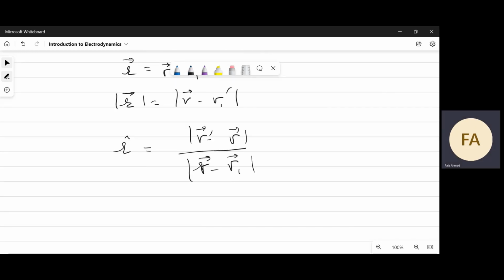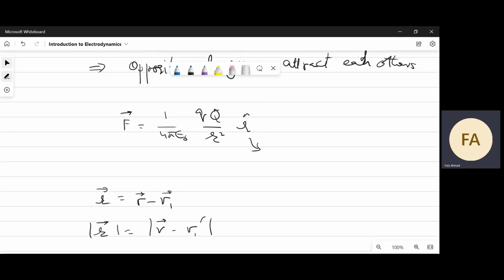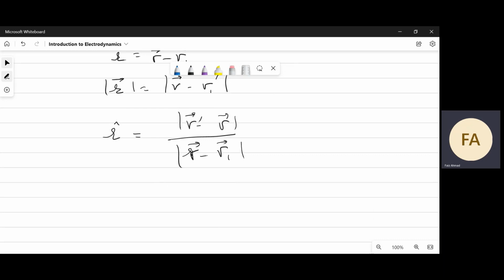This way we can find all the quantities involved in this force. We need the separation vector, we need the unit vector, and then we need the amount of charges.